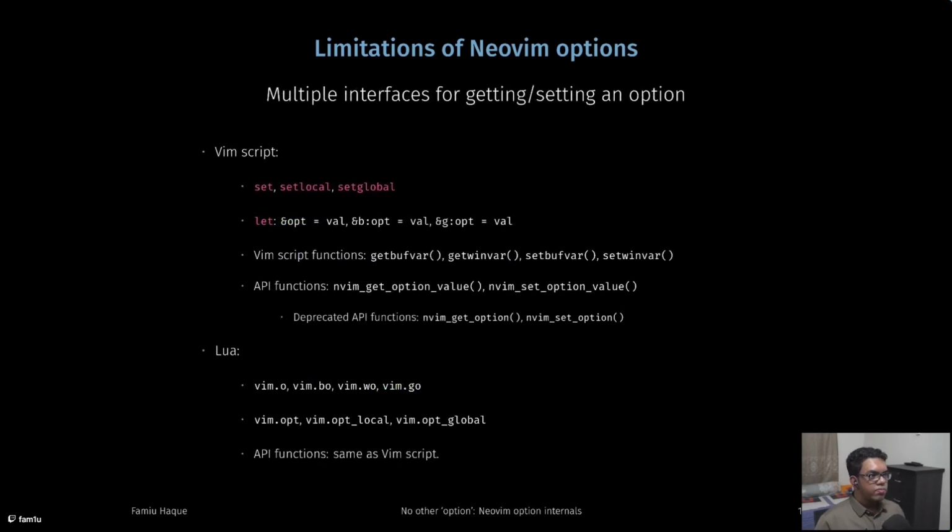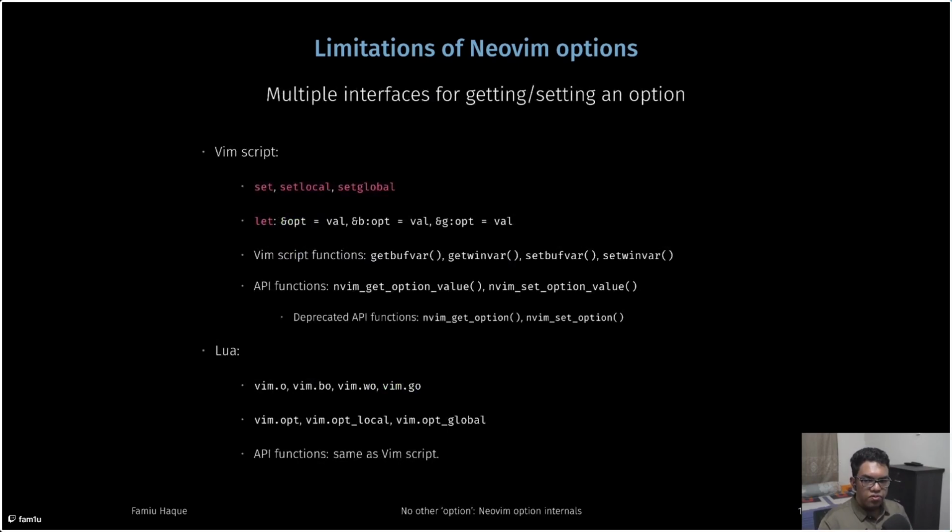Moving on. Another limitation of Neovim options: there are multiple interfaces for setting an option. With Vimscript, you have set, setlocal, and setglobal. These are the most basic ones. The first sets both global and local scope, setlocal sets the local value, and setglobal sets the global value.